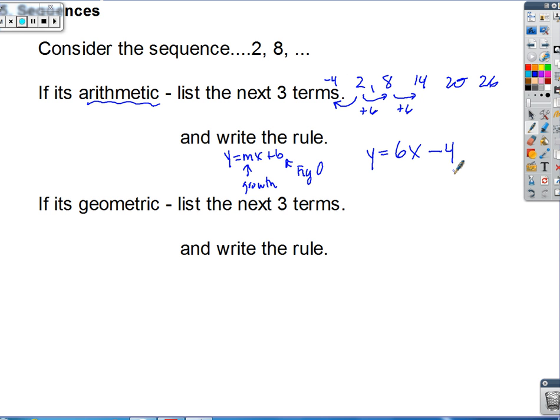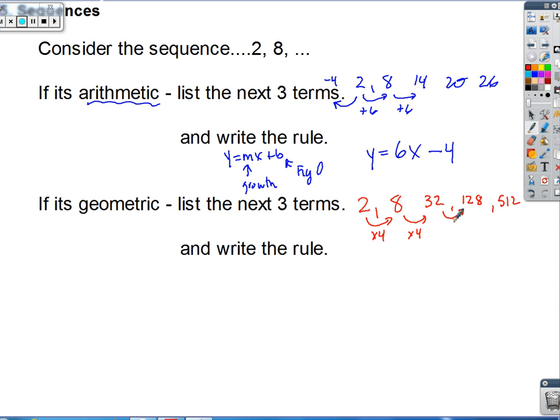If it's geometric, list the next 3 terms. Geometric means multiply. So 2 times 4 is 8. Times 4 again is 32. Times 4 again is 128. Times 4 one last time is 512.